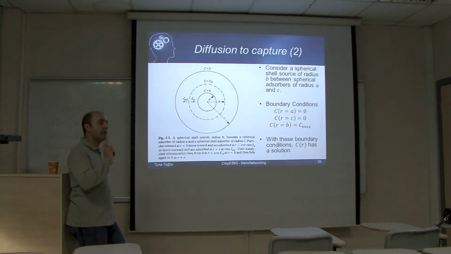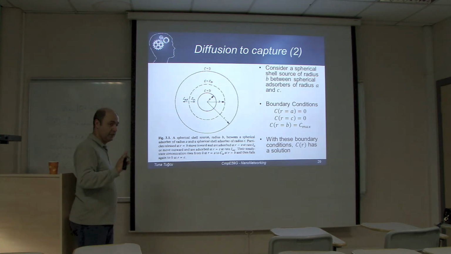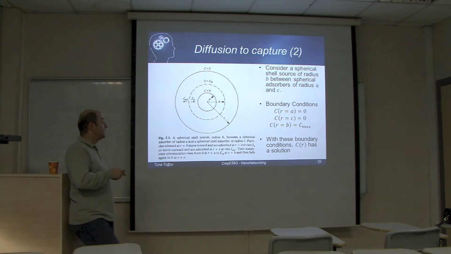Pay attention, this is hypothetical. There is no surface there. But the molecules are released from this hypothetical sphere. Okay? So at a distance of b from the origin. There is an adsorber surface here. Okay? Like the cell membrane.